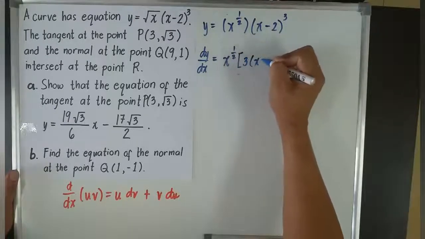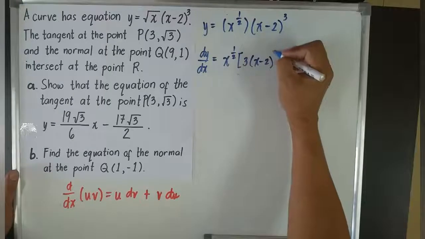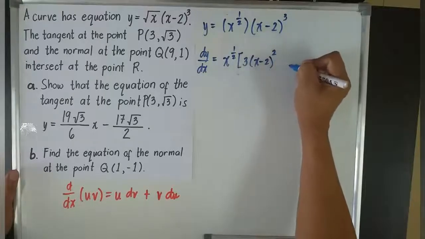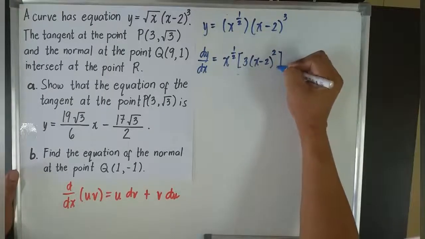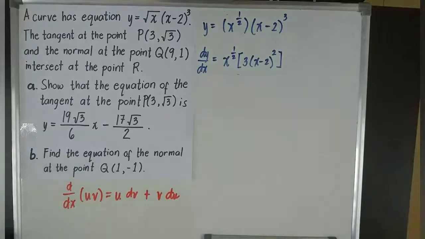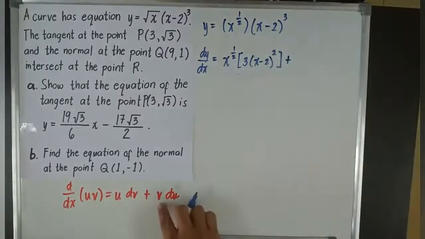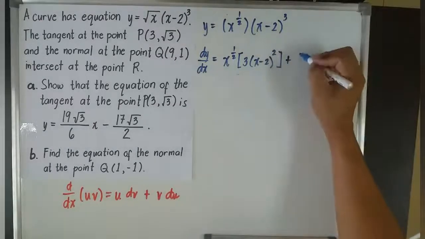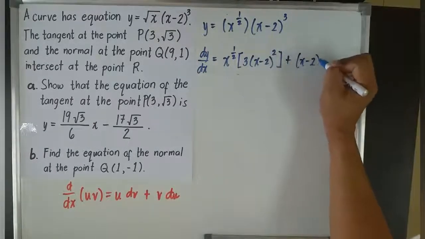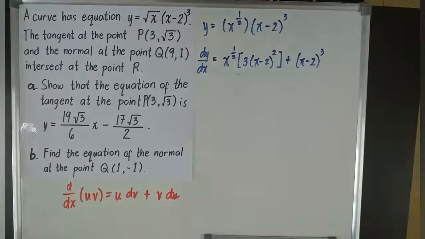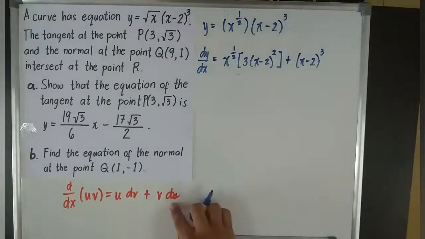3 times x minus 2 to the power of 2 times 1, supposed to be, but I won't write that anymore. It will make my working longer. Plus v. What is v? This one. x minus 2 to the power of 3. Next, du. What is du?